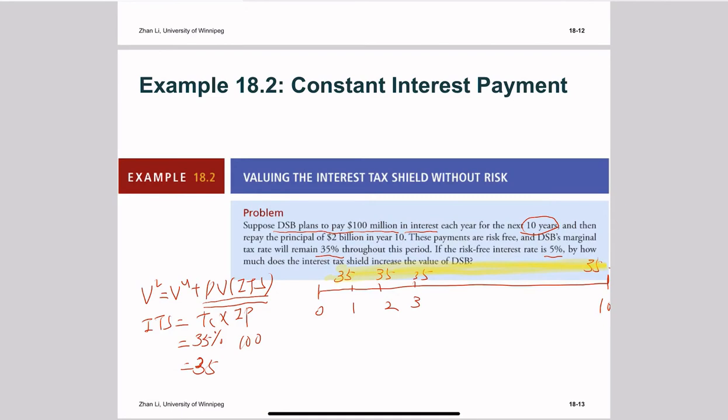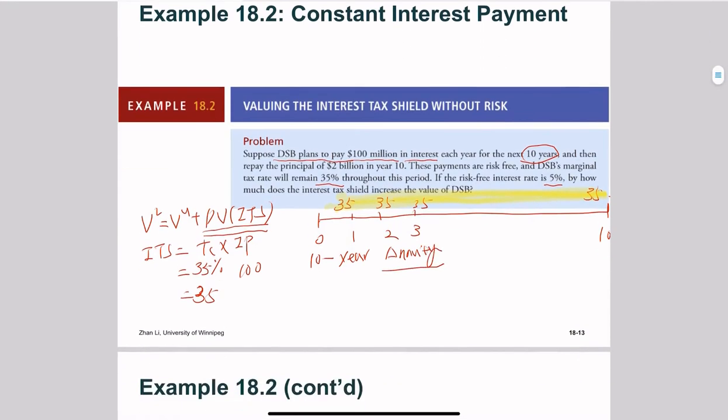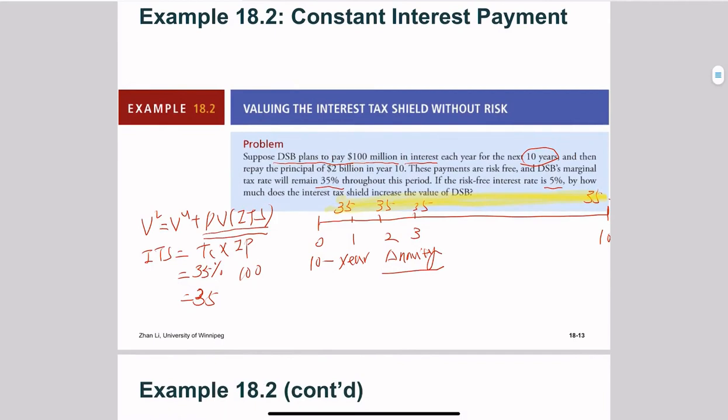So you can see that this is equivalent to valuing a 10-year annuity, right? You guys should have learned about annuity in Corporate Finance 1. So this is a 10-year annuity, pays you 35 million per year, right?